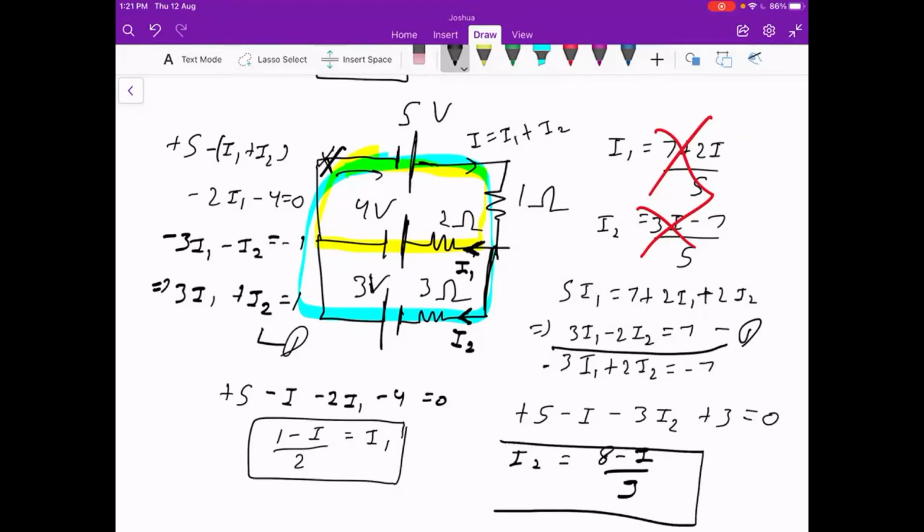Yeah, but you said (7 plus 2I) by 5. Yes, I'll tell you what I did. No, don't tell. What you did was wrong and don't do it again. Okay, this is how you do it. So can you solve the values of I1 and I2 from here? Yes, sir.